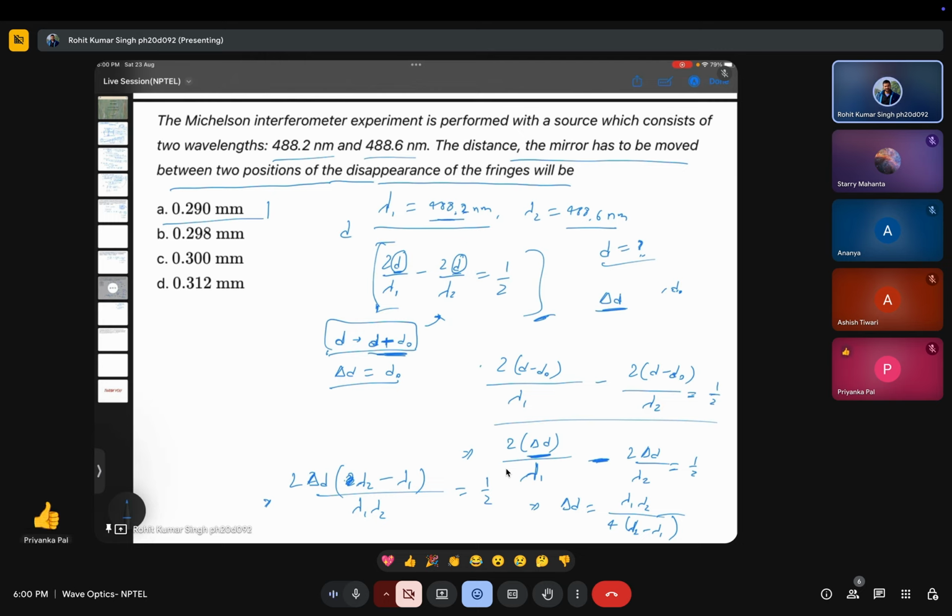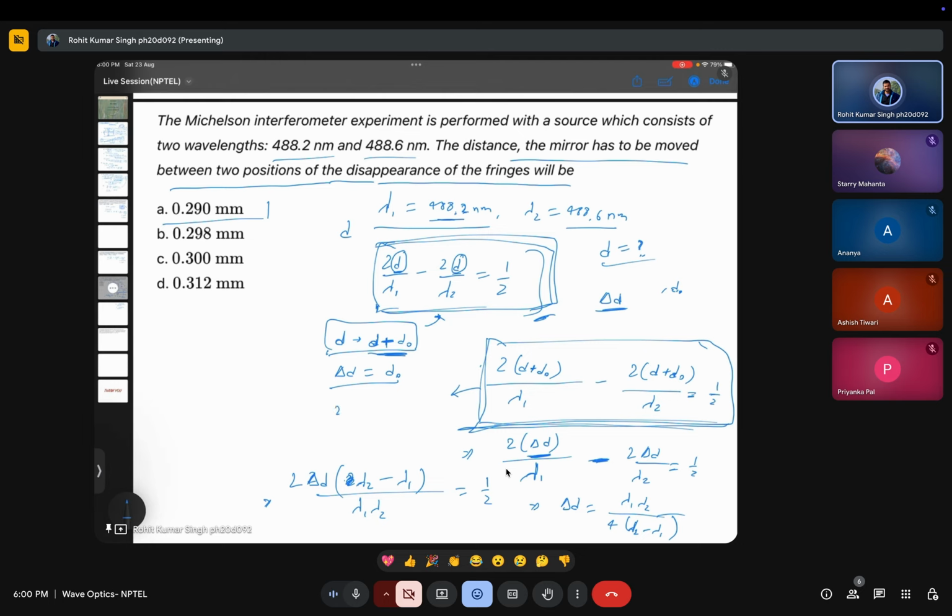So this will be a plus sign. You are right. Okay, now this formula is a general formula, but this is what we need for the disappearance of the fringes, right?